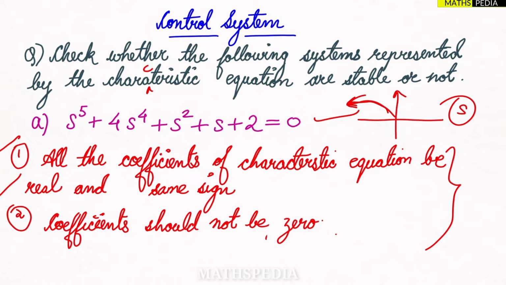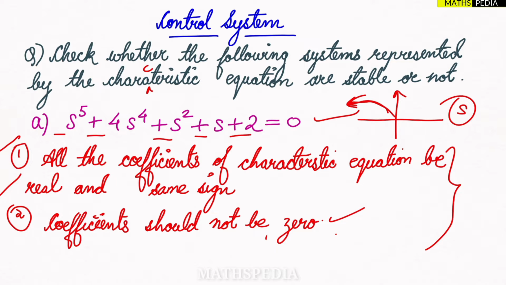In the given question, the first thing you have to see is whether all the coefficients of the characteristic equation are real, and whether they have the same sign. Here you can observe positive, positive, positive, positive, all the terms have a positive sign. So we can say that the system can be stable, but we have to satisfy the second condition also, which is that the coefficient should not be 0.